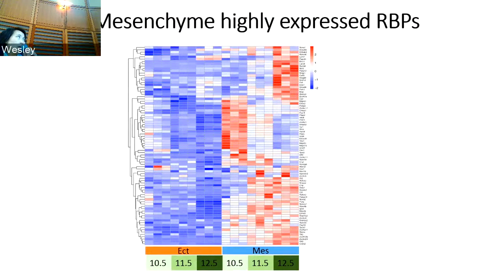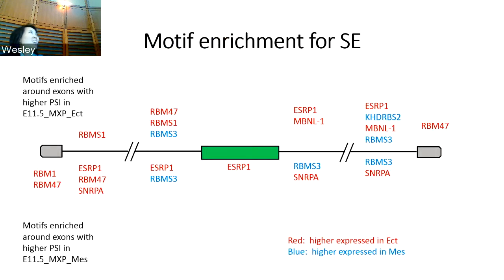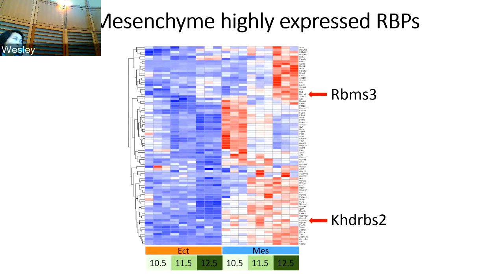For the mesenchyme highly expressed intron binding proteins, it's more diverse. Here is a late program, this is an early program, and this is more generically expressed in mesenchyme. I'm just showing 2 examples, and I will come back to them later.